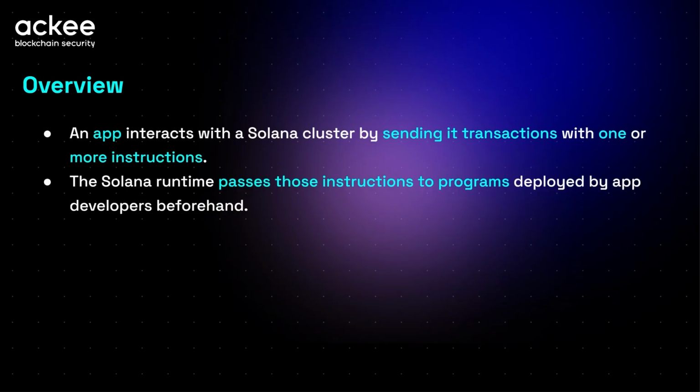I will talk about the deployed program later in the program section, but in order for you to have a basic idea, you as a developer of Solana programs create a program and then you deploy it to the cluster. That means, as I said, Solana is a globally synchronized state machine.